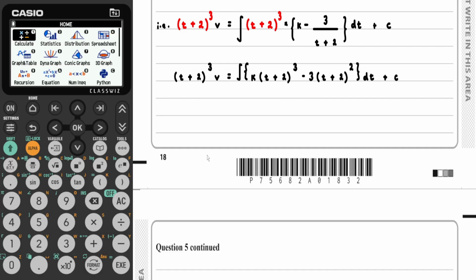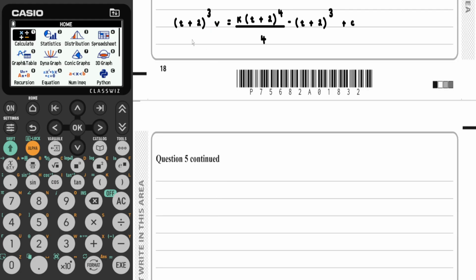So on the left hand side we've got (t+2)^3 v equals, and on the right hand side if I integrate k times (t+2)^3, we end up with k times (t+2)^4 over 4, and if I integrate negative 3 times (t+2)^2, we end up with negative (t+2)^3, and we add on a constant c.